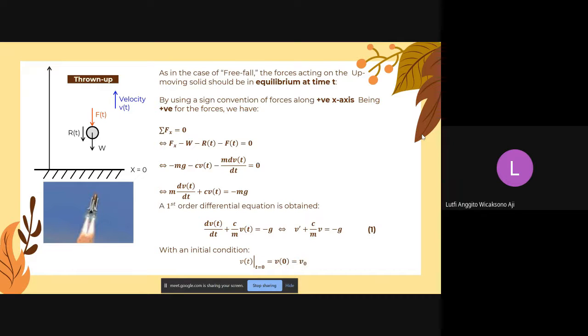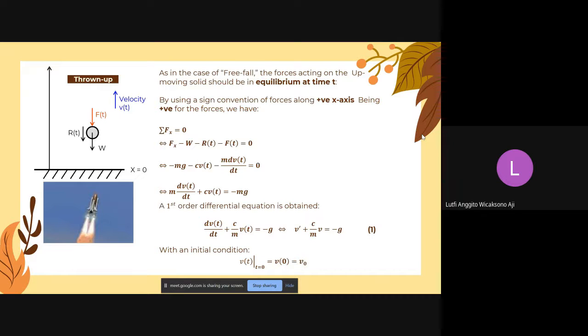So as in the case of free fall, the force acting on the up moving solid should be in equilibrium at time t. By using a sign convention of forces along the positive x-axis, being positive for the force, we have the sum of Fx equals 0, that is Fx minus W minus R(t) minus F(t) equals 0.